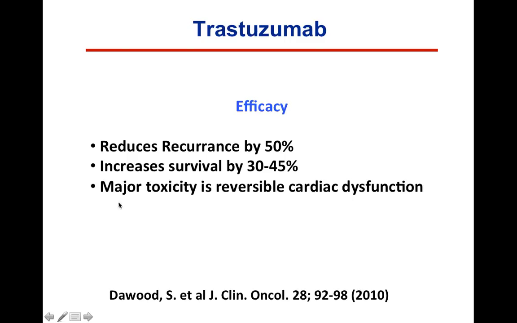It does have a major toxicity, but it is reversible. Because HER2/neu is also expressed in cardiac tissue, there has been some cardiac dysfunction related to that, but it's reversible once this therapy has been stopped.